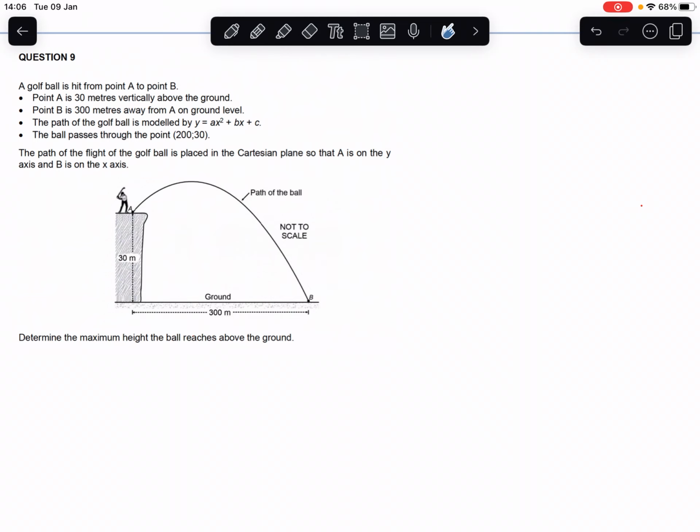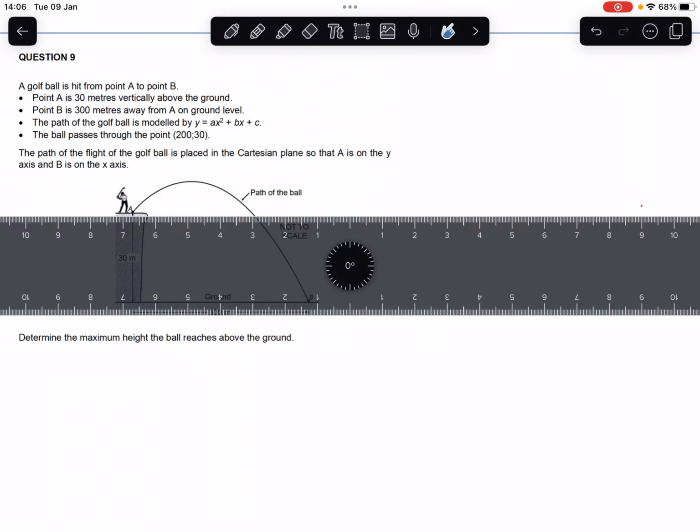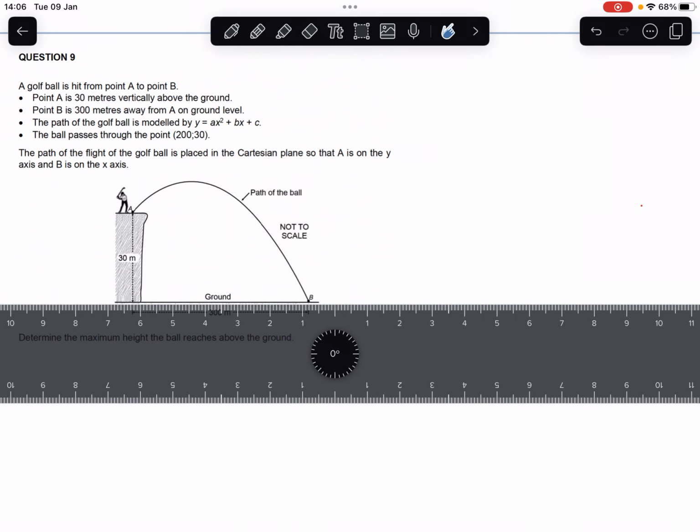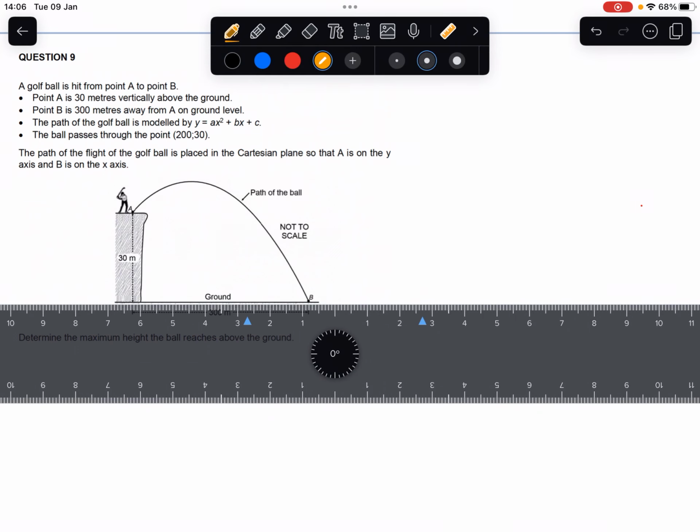The path of the flight of the golf ball is placed in the Cartesian plane so that A is on the y-axis and B is on the x-axis, right? So let's get our ruler out just to make it abundantly clear. So we are saying that this is our x-axis. Let's do a vivacious color.